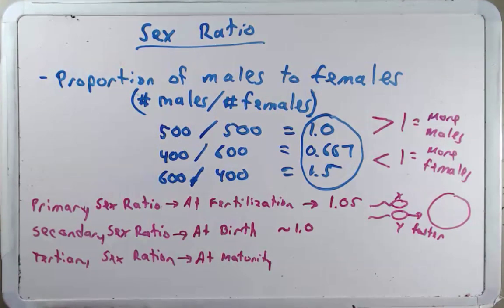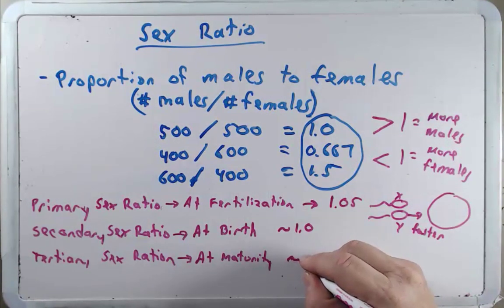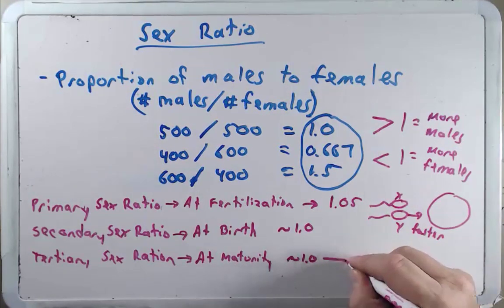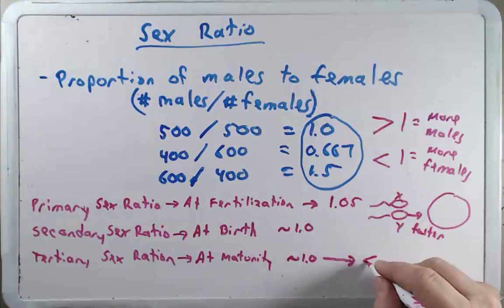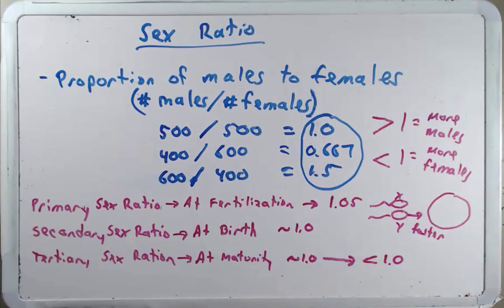This starts off close to approximately 1.0, but as one ages, it goes to less than 1.0. And the reason for that is simply that women live longer than men for various reasons. Some studies have shown that that ratio is about 0.75, which means there are 750 men for every 1,000 women at age 65.